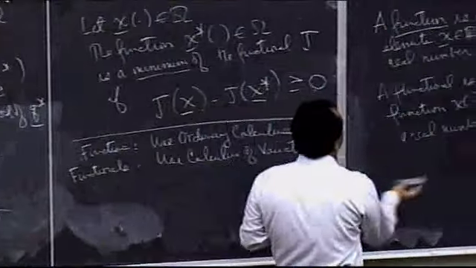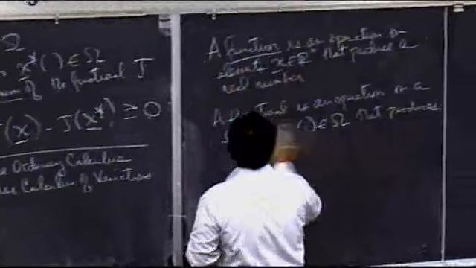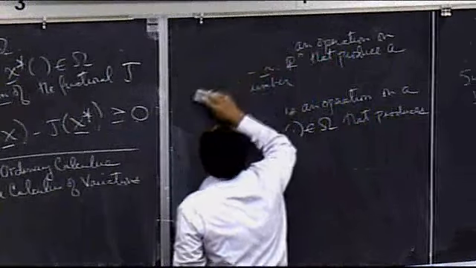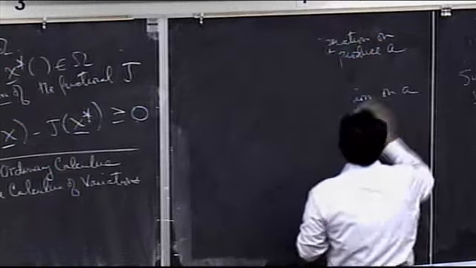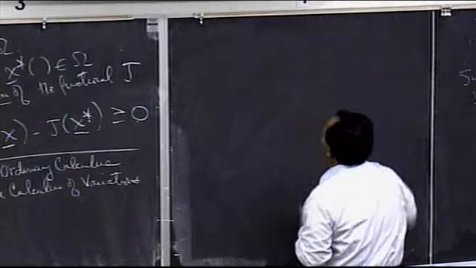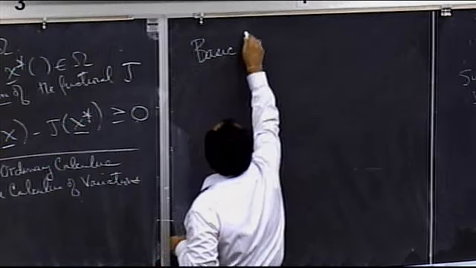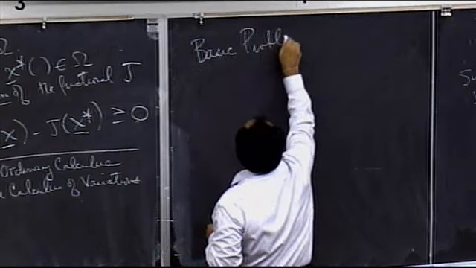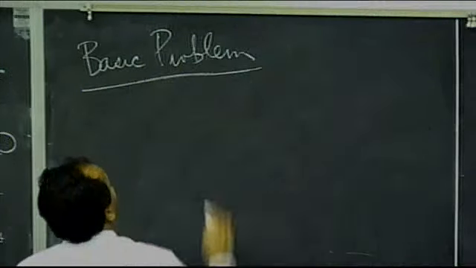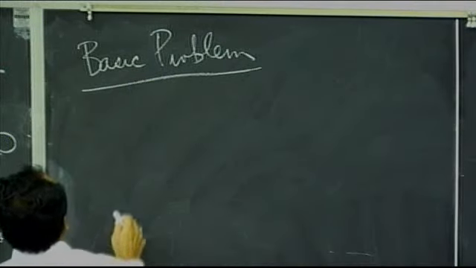So the most basic problem that we deal with in calculus of variations, the classic problem that comes up in this entire subject, is what we're going to start with, and then we're going to work our way forward. Suppose I have the following functional.